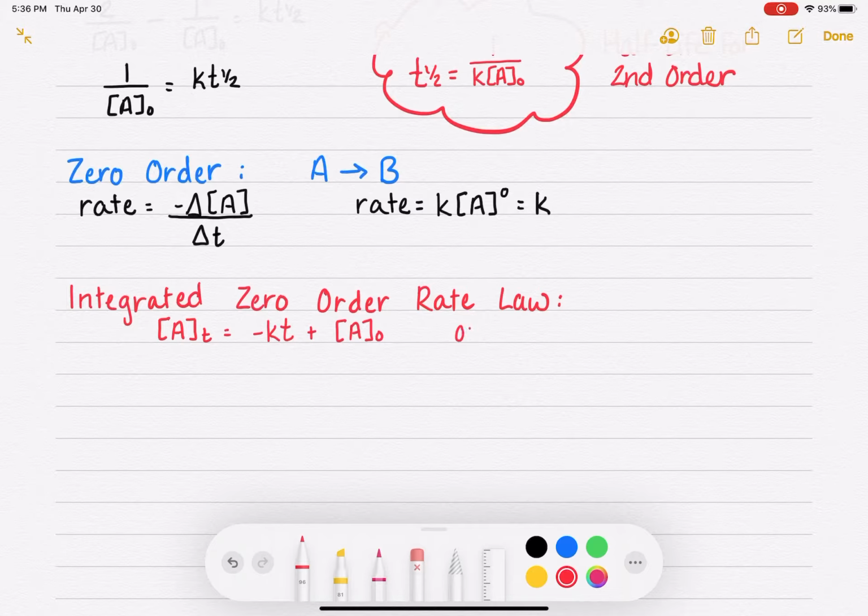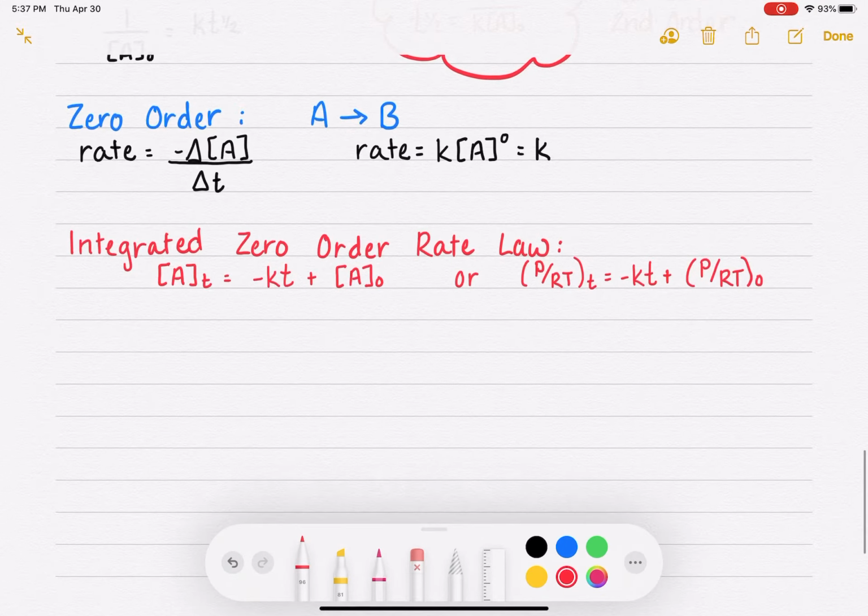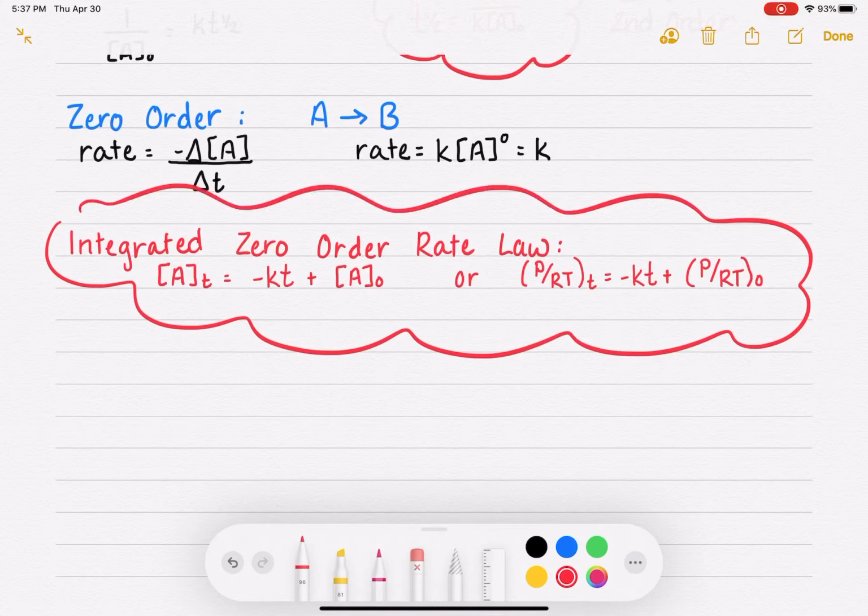Or if you were doing this for a gas, you would say P over RT, that's a capital T, at time t, little t, there's a lot of t's in these equations, equals negative kt time plus pressure over our temperature at the initial time.